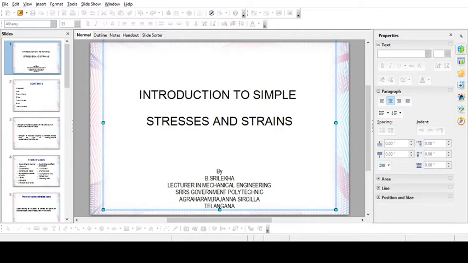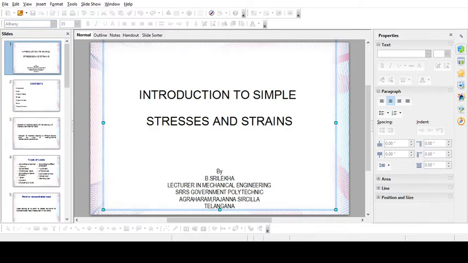This distribution may be uniform or non-uniform. If it is a uniform one, we simply call it a uniformly distributed load. If it is a non-uniform one, we simply call it a uniformly varying load. Uniformly distributed load means it is equal at every cross section, at every point of the area where this load is spread.